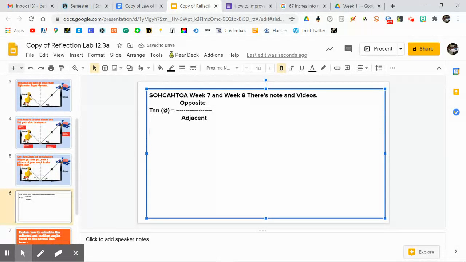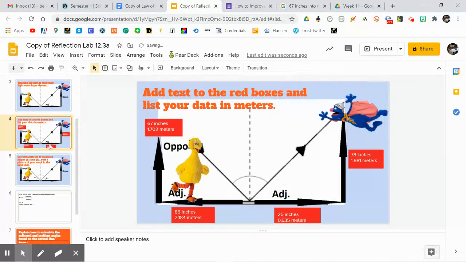And so again, we are looking for the angle. We are looking for our angle number 1. That is what we are looking for. The length of the opposite side is equal to 1.702 meters.